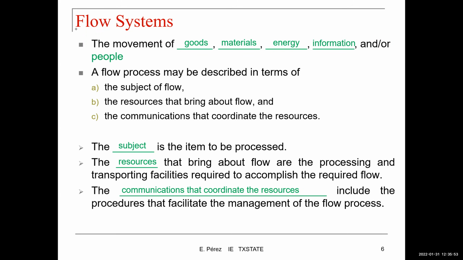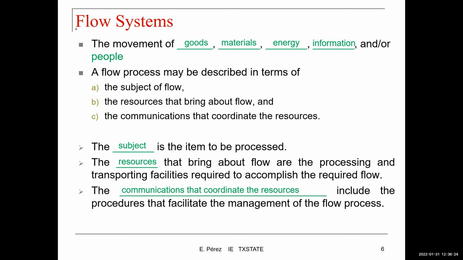Are you going to be planning for a facility like an airport where you're moving people, or you're moving the luggage, or you're going to be planning for a manufacturing facility in which you're moving a specific good or product or materials, or are you planning for, let's say, a power utility company, which you're moving energy or a gas type of company? So what we refer to as flow system is the movement of such entities within the facility.